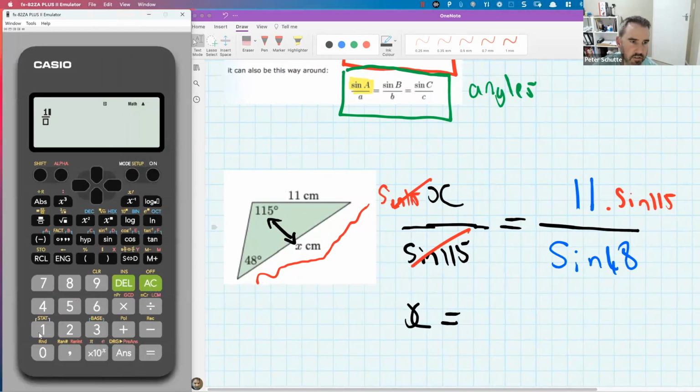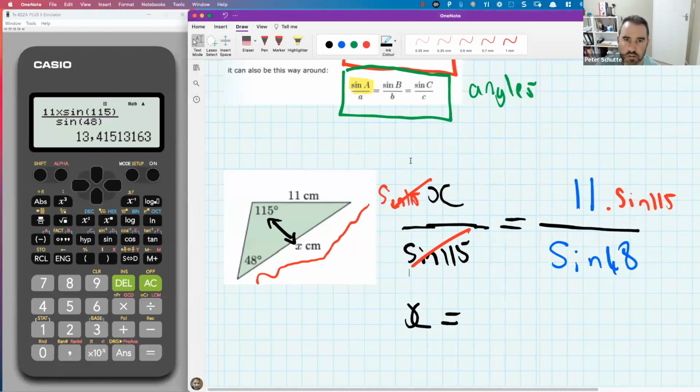So 11 times by sine 115 over sine 48. Go to the end, and we get 13.42 centimeters. Looks good to me.